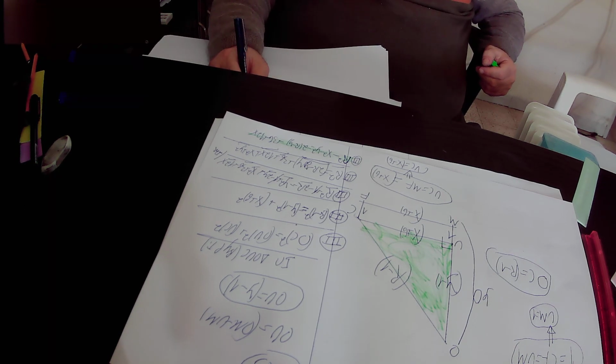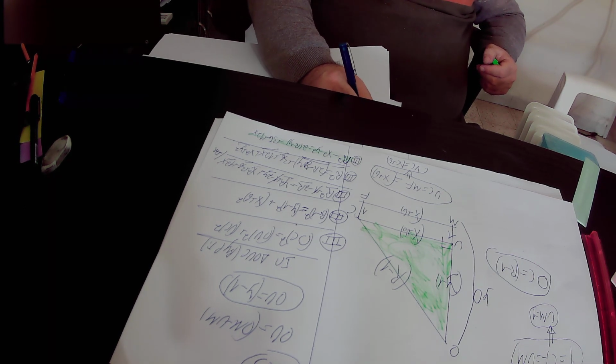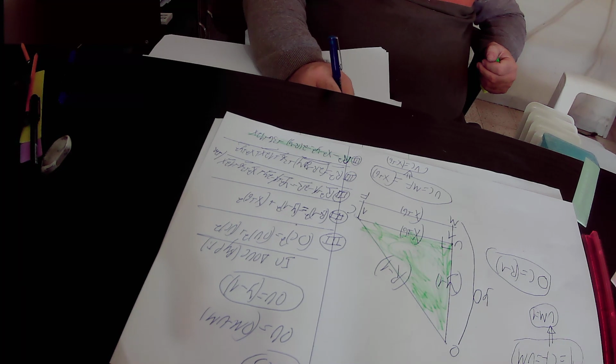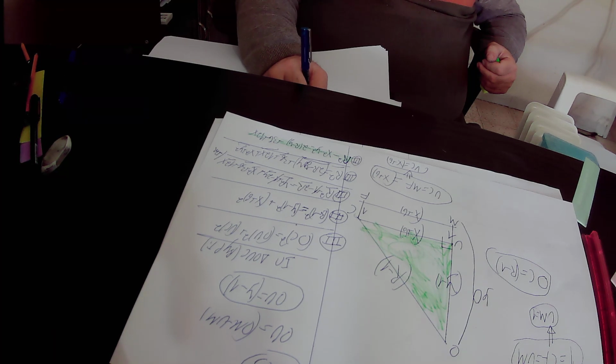So we get that according to equation number 3, R squared minus X squared minus Y squared equals 2 times (R minus Y) plus 36 plus 12X.